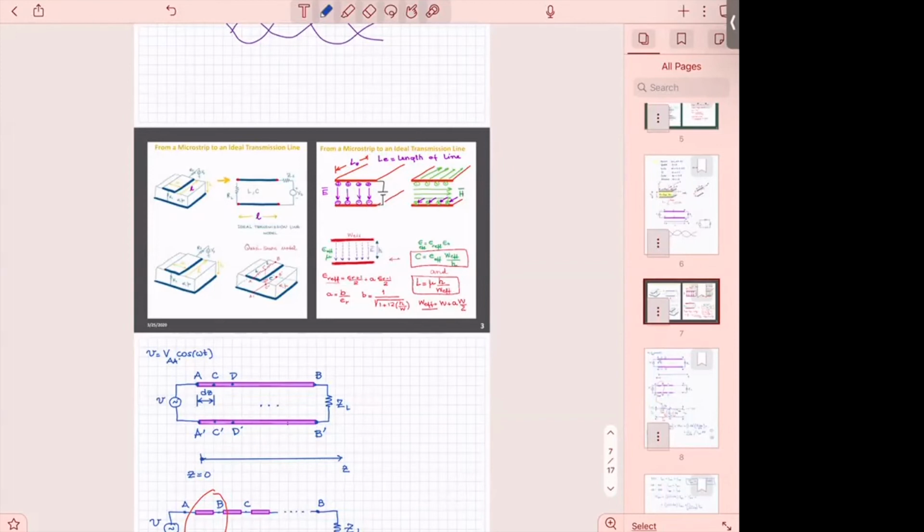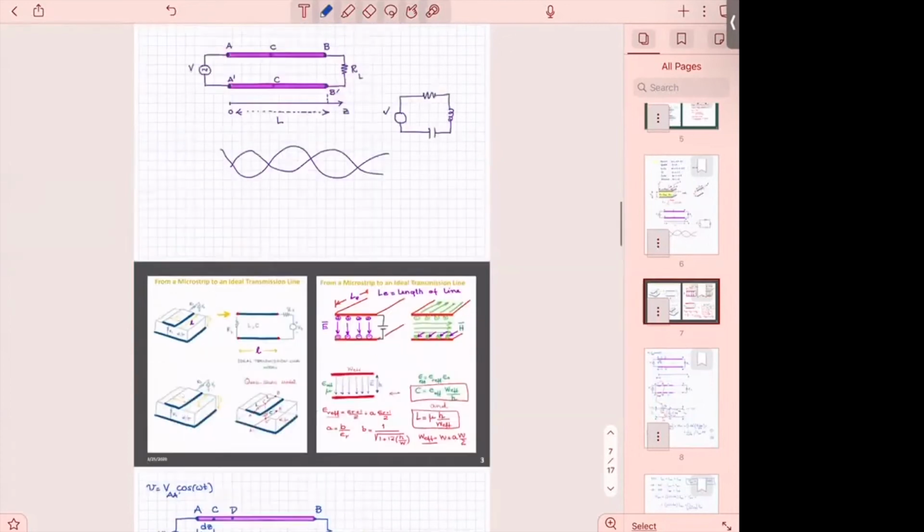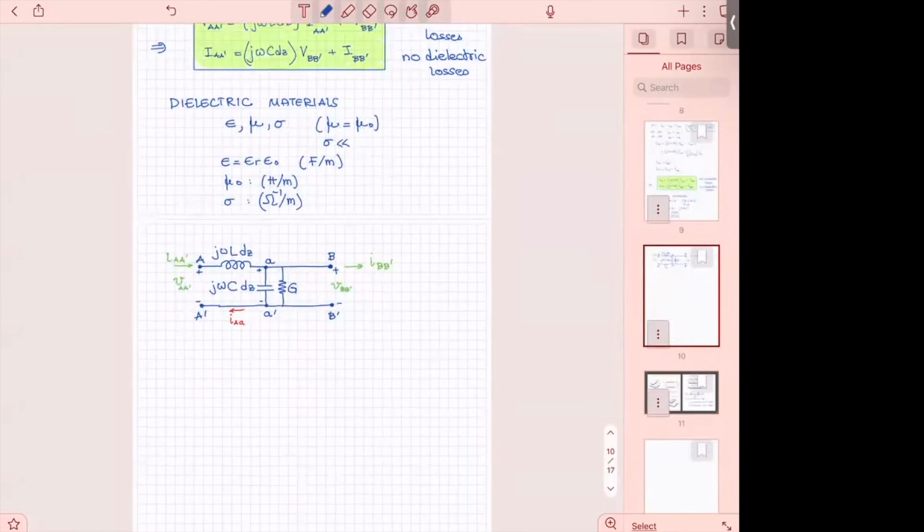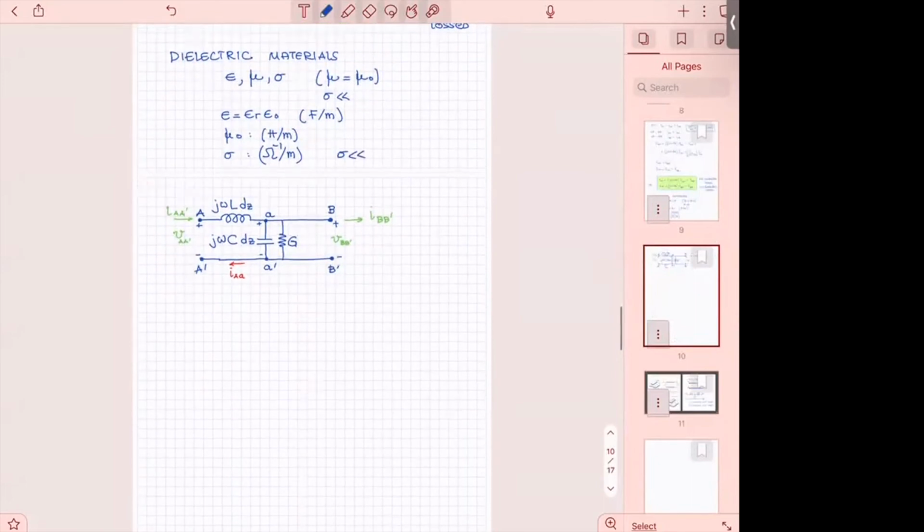Because nothing should go through. No free electrons should flow through the dielectric. If they do, you lose energy. But all of the electrons should freely flow in the conductor. If they don't, you lose energy. So practically, why am I saying that? You need to remember, the conductivity of a dielectric should be very small. That's why I put it here. You should expect it to be very small.